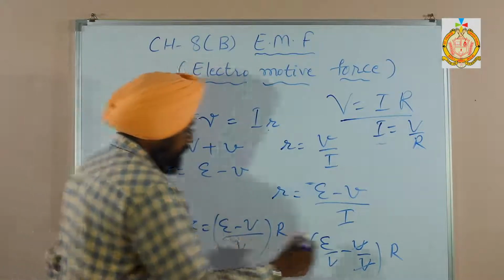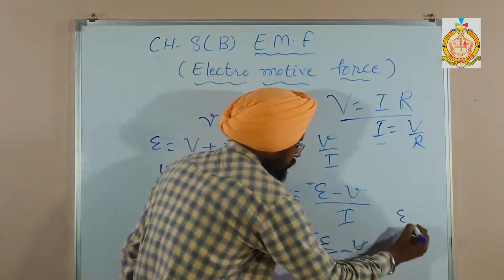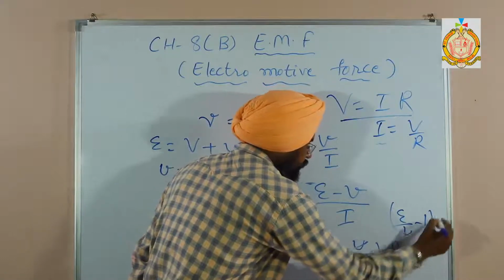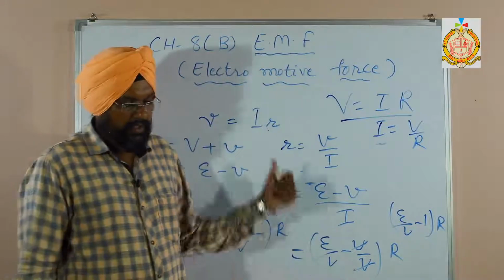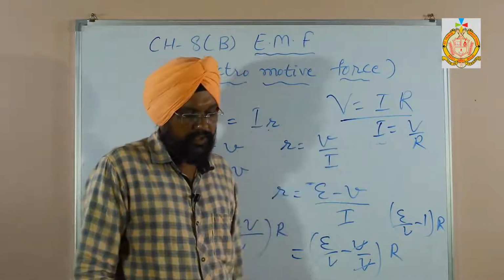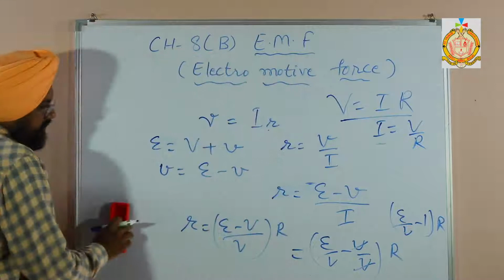So r equals E upon V minus 1, into R. This is the relationship between EMF, terminal voltage, and internal resistance.